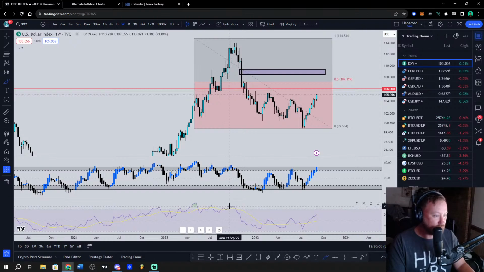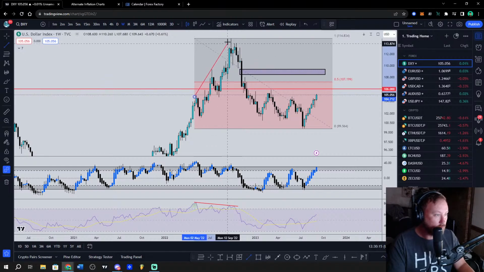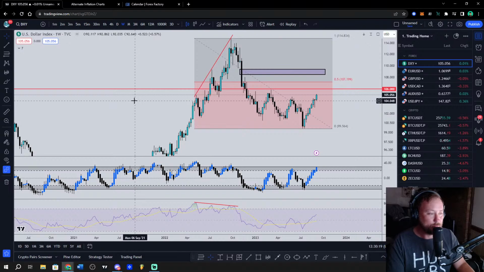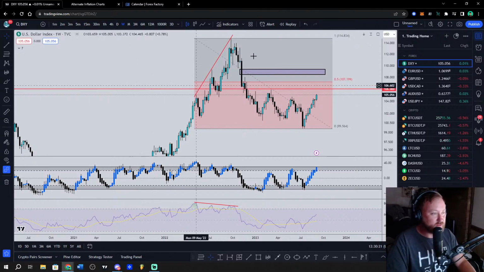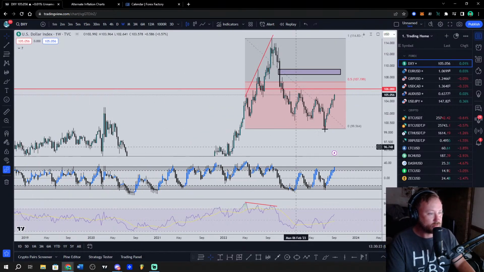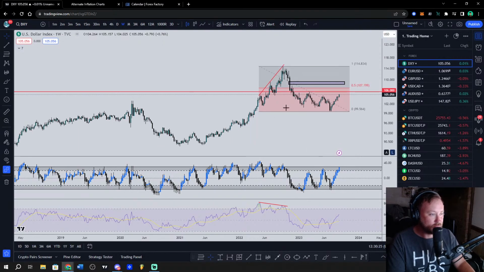Now this one topped out here, and we did have a massive divergence there on the weekly right here. And look at this, steep. That's a massive divergence. That's why you got this pullback, this retracement. Come down, and let's come back up, and then come back down.